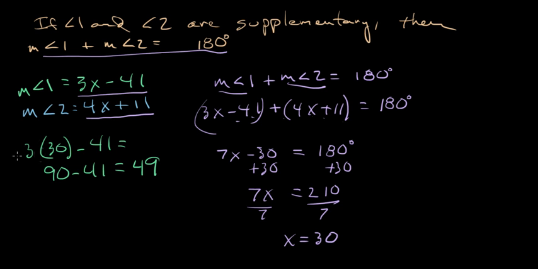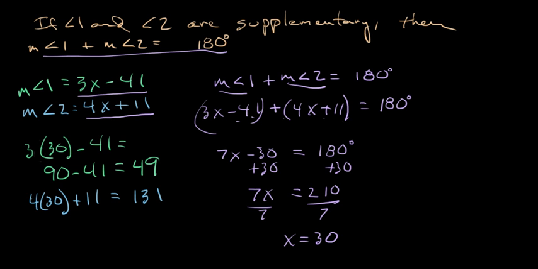Try it on your calculator, see if that works out. I might have made a mistake, you never know, double check. And then 4x plus 11. 4 times 30 is 120, plus 11 is 131.